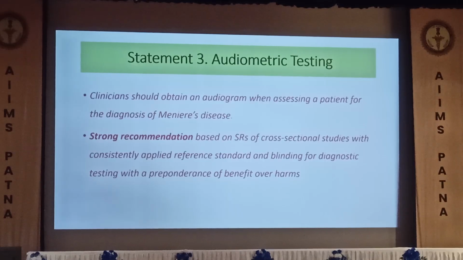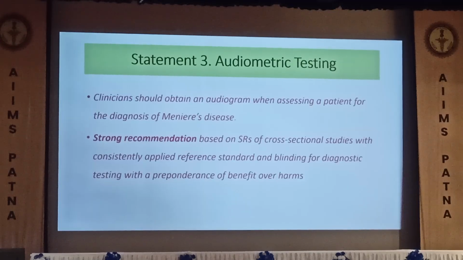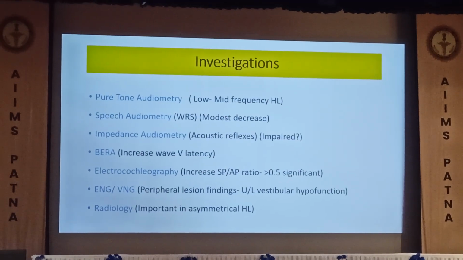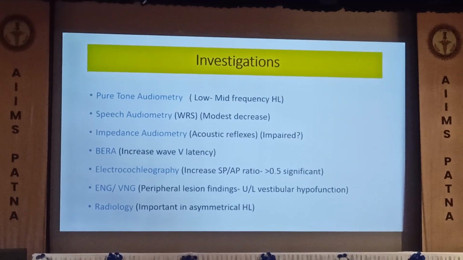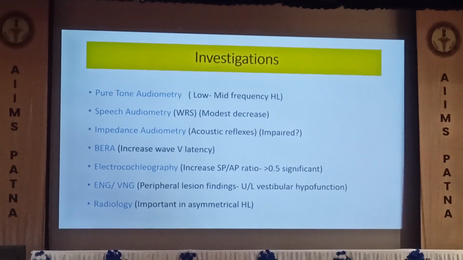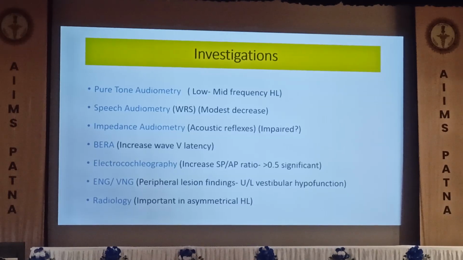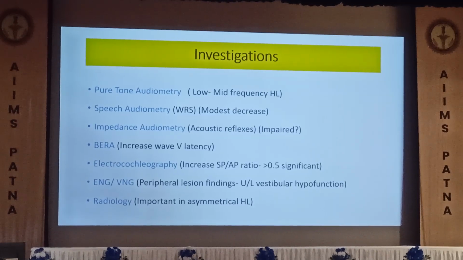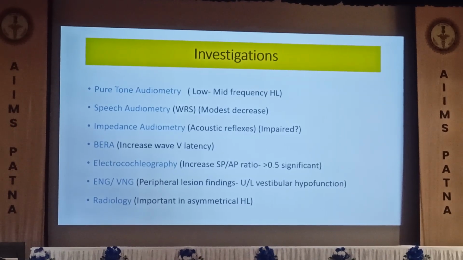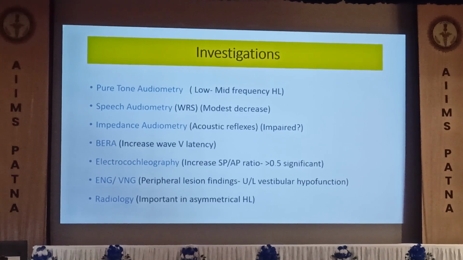First and foremost, one thing which you cannot miss in Meniere's is audiometric findings, and that is a strong recommendation. What tests will you go for? At least the first three. Pure tone audiogram will show you low to mid-frequency hearing loss. Speech audiometry should be done along with that, which will give you a modest decrease in word recognition score. Impedance audiometry may show acoustic reflex impairment.